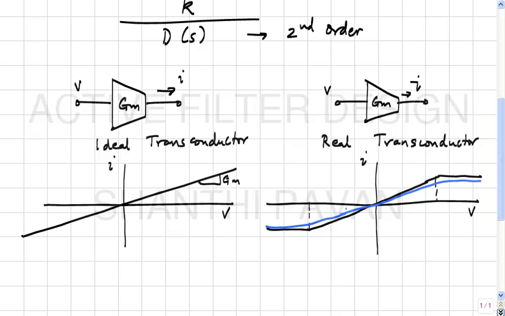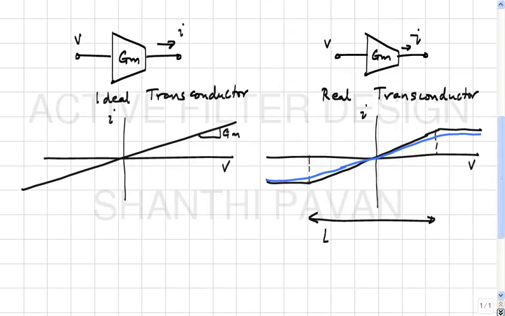So a real thing is probably something like that, but we don't need to worry about that at this point because we have not seen any circuit so far. The only thing I wish to bring to your attention is the fact that the transconductor has a definite linear range.